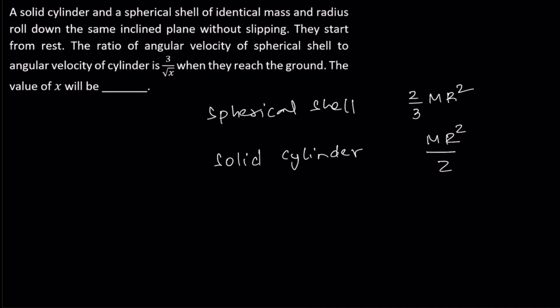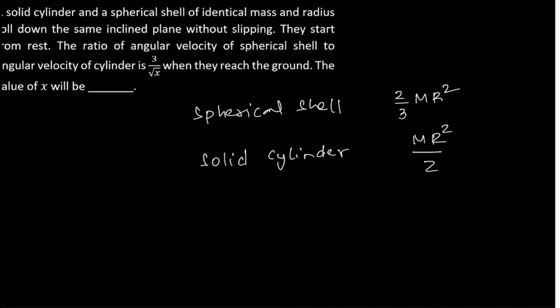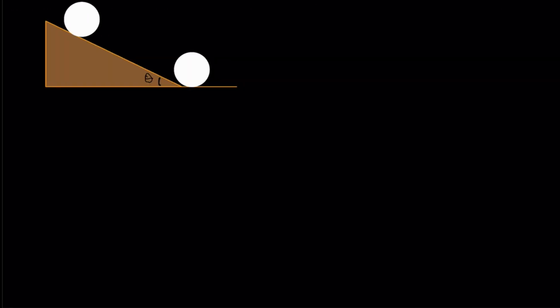Now let's take a look at the diagram and see what is going on. You have a round object here, which can be a solid cylinder or the spherical shell. It starts from rest at a certain height. We take the center to center distance and consider that as h.